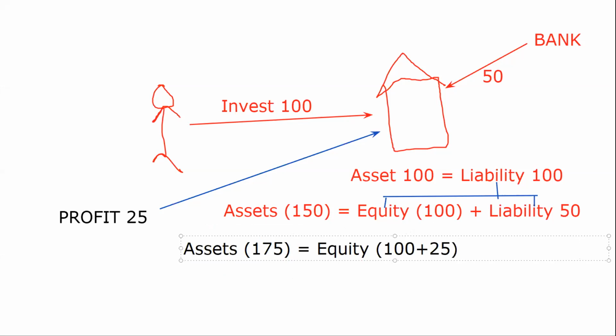Then the liabilities are 50. So we derive the equation: assets equals equity plus profit plus liabilities.